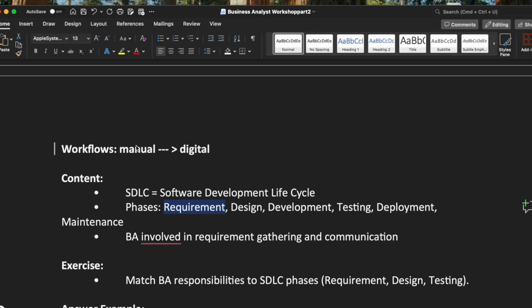Second one, once you identify the gap, you are now documenting. Okay, this is the current state. You document the current state. Now you work with the design folks. Here you will have a UX designer, solution architect, or the lead developer, like a tech lead. You work with these people because you have the gap analysis. What is the gap in the manual workflow?